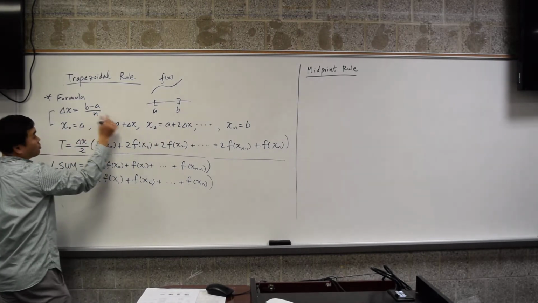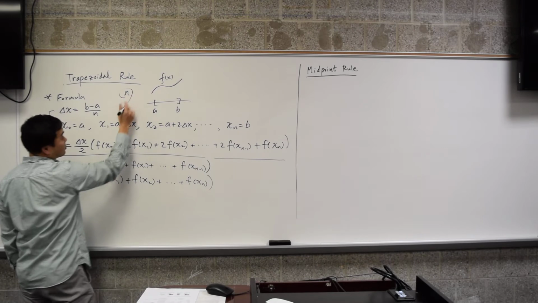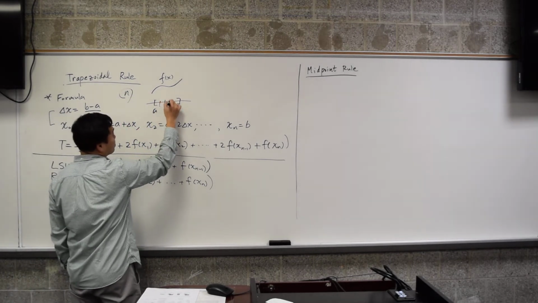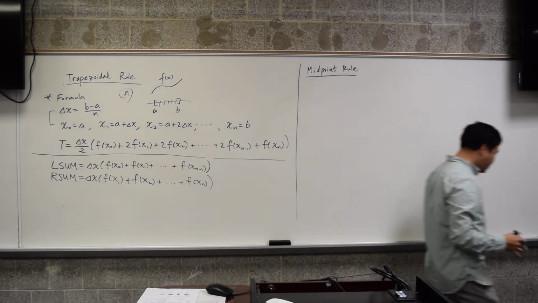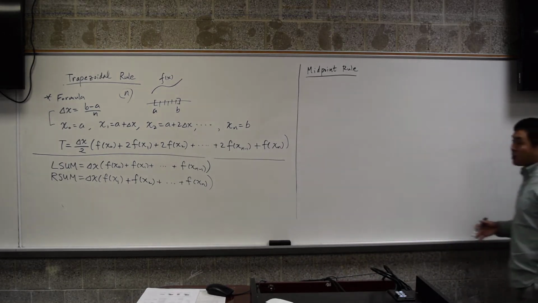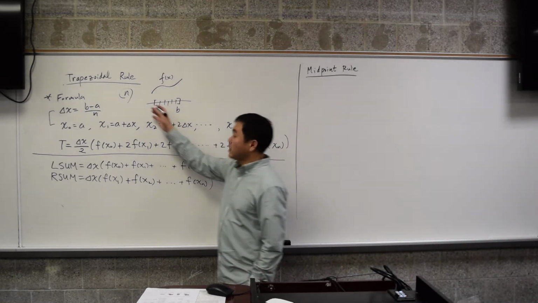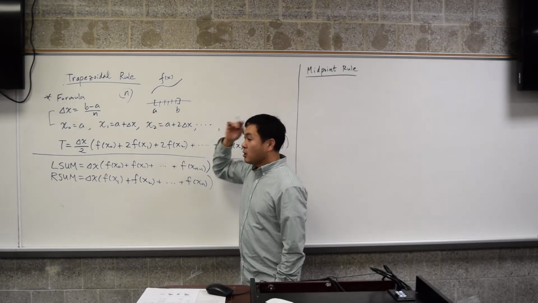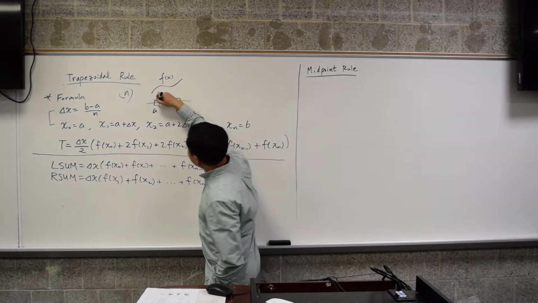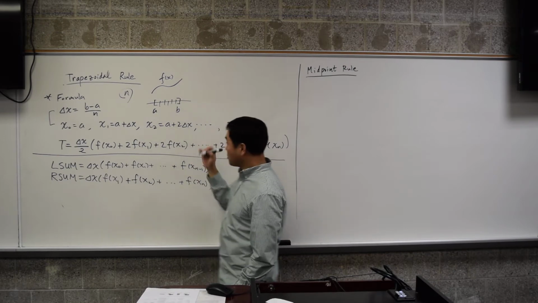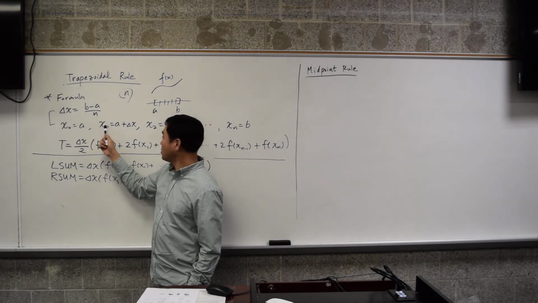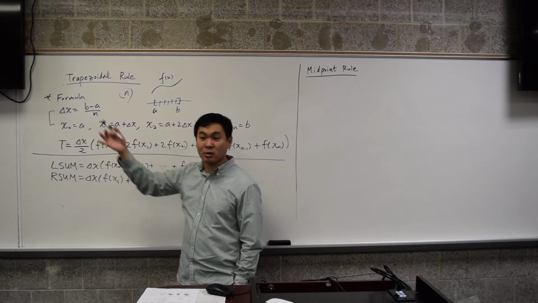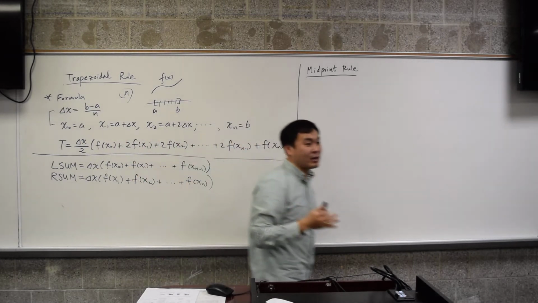When you're given a number n for this question, you're trying to divide this into n equal parts, right? So you get subintervals, and you end up with the endpoints of the subintervals. The midpoint rule uses the midpoints of each subinterval, and you end up with n subintervals.